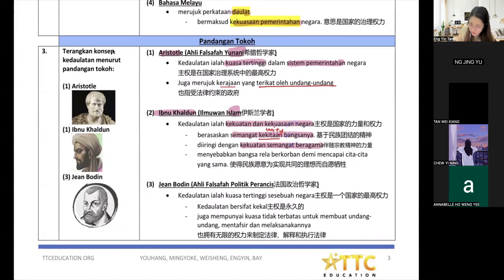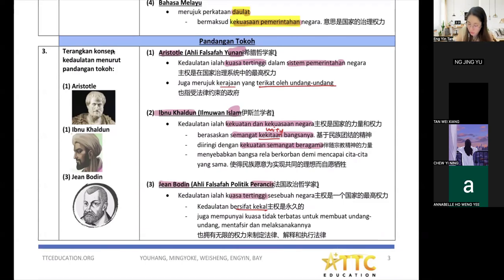Jean Bodin is a philosopher from Perancis. And look at the way he said, it's the same thing. Power. And he elaborated by saying that this power is like an eternal power. Forever. Once you get it, it's like a forever thing. Eternal terms. Bersifat kekal.